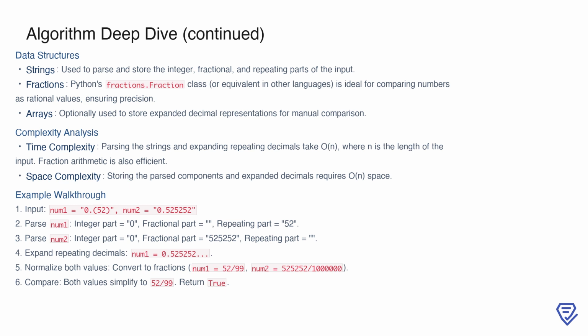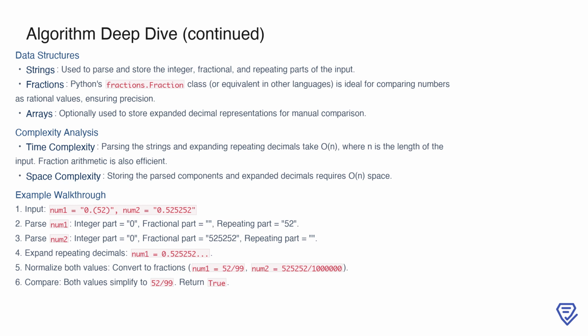If the inputs are 0.(52) and 0.525252, we first parse them into their components. The integer part is 0 for both, the fractional part is empty for 0.(52) and 525252 for the other, and the repeating part is 52 for the first input.